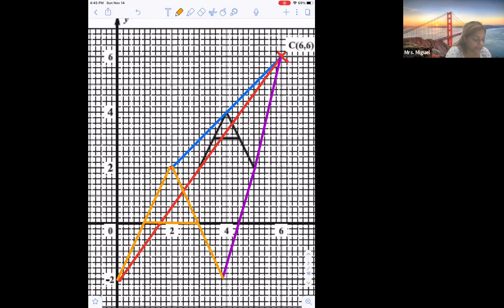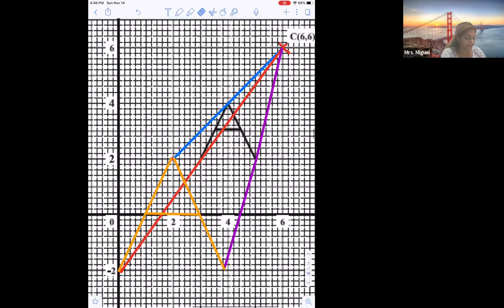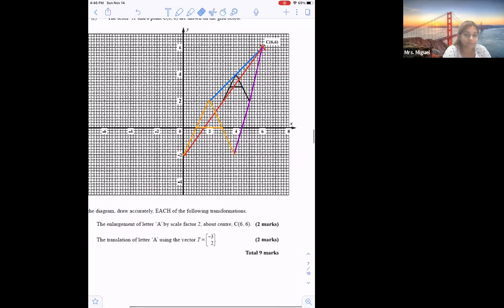So if the length here is 2 centimeters, then you are extending it another 2 centimeters in the same direction, and that will give you the top of A. You do the same thing for each corner, and you will be able to draw the letter A enlarged by a scale factor of 2, center 6, 6. All right, so that was worth 2 marks.